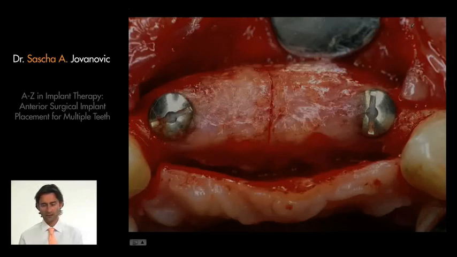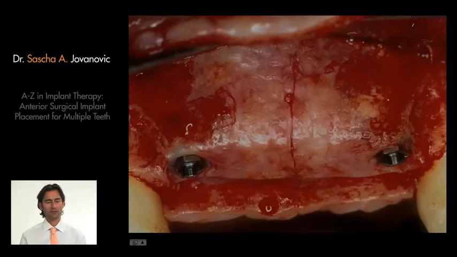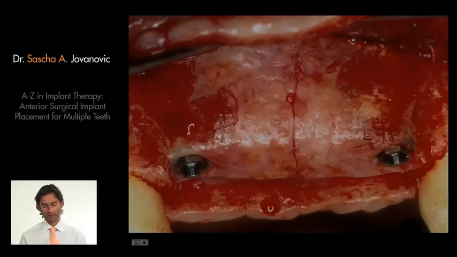So this is a delayed extraction site. You can see it beautifully, how the bone was regenerated, how the ridge was augmented, and this was done with a particulate bone graft and with a membrane, and at this moment you're looking at the result after 6 months of bone healing and at the stage of uncovering.